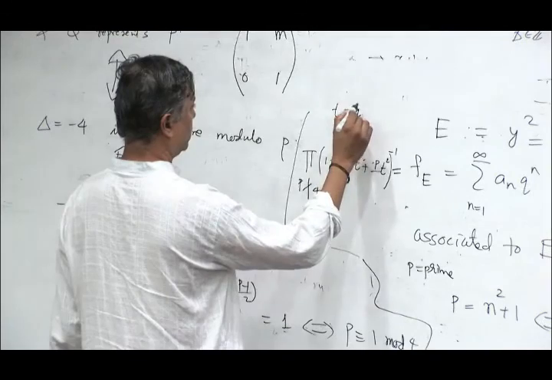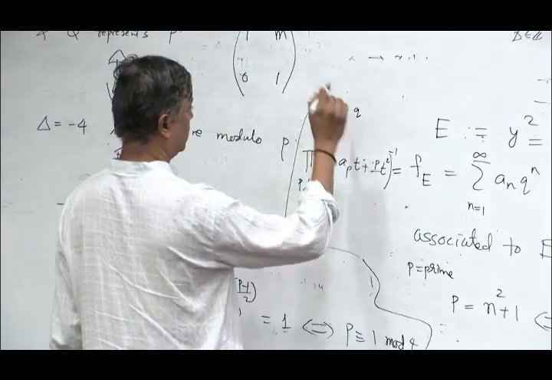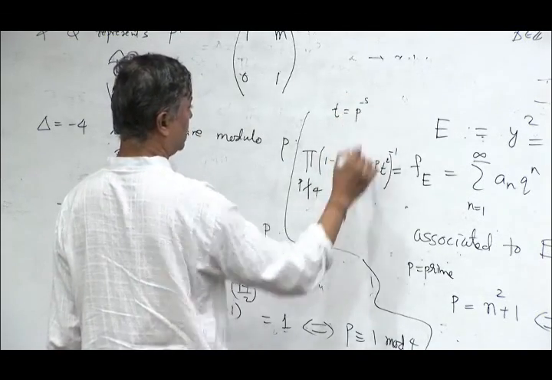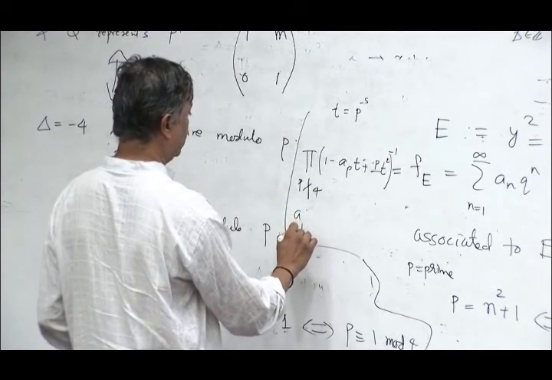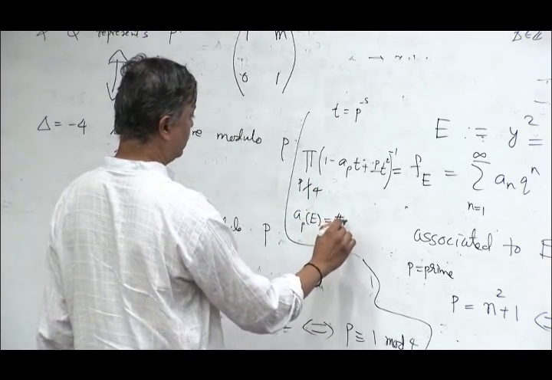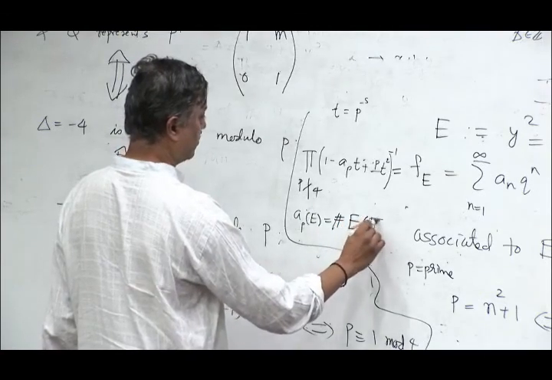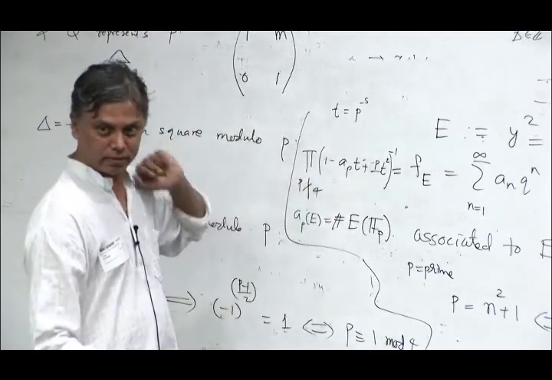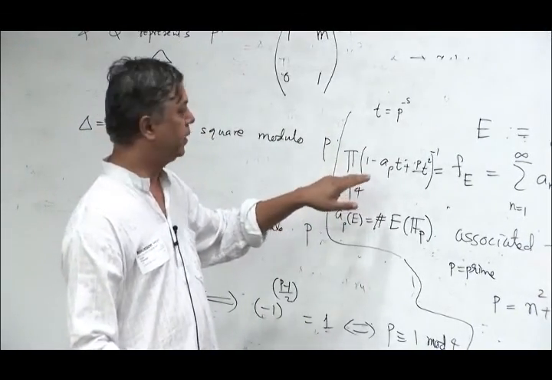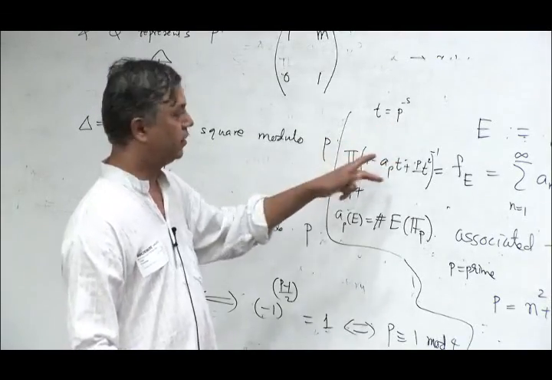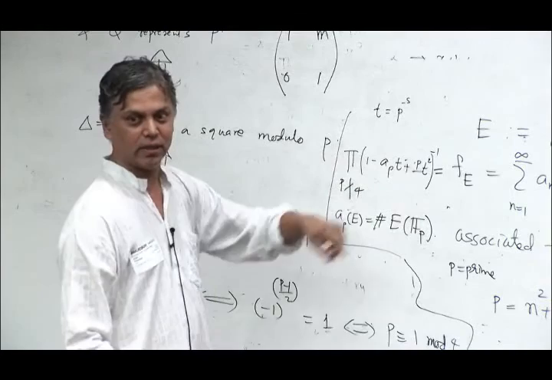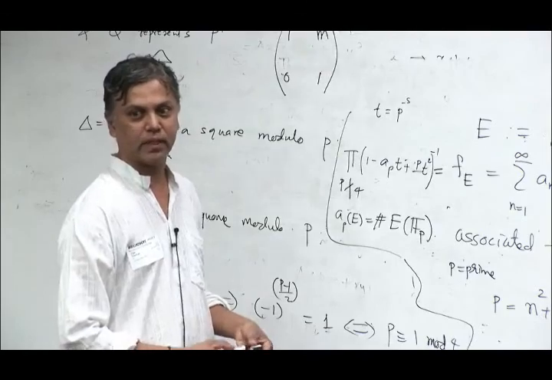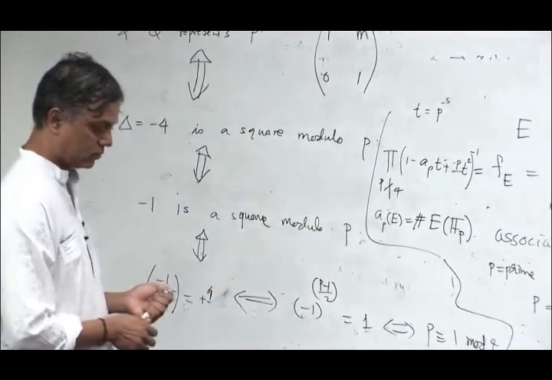Put T equal to p to the minus s. Here a_p is related to the number of points of E over F_p. You use a generating function, take the Euler product, and whenever p to the s appears, you will get an n there, put that, and then you get the thing. I am not saying it right, but I can tell you later. But basically there is a generating function. It's a bit involved.